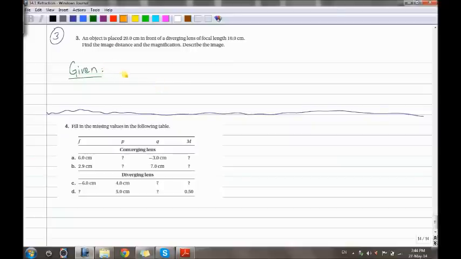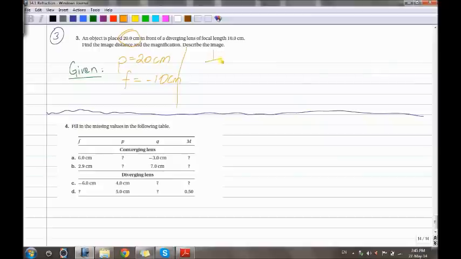So the first given here is P equals 20 centimeters, and F here is negative 10 because this is a diverging lens. So F equals negative 10, and P equals 20 centimeters. So these are the givens.